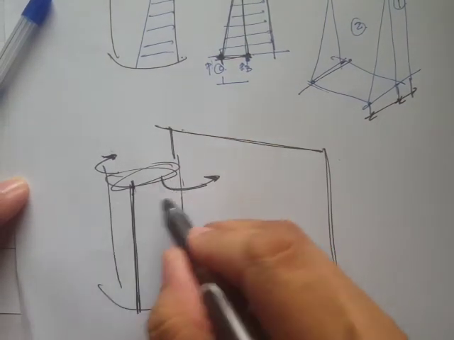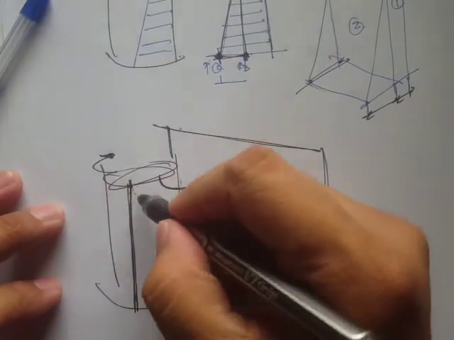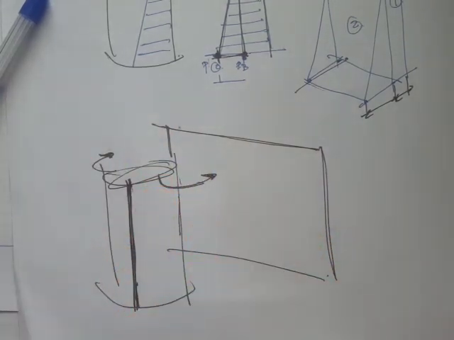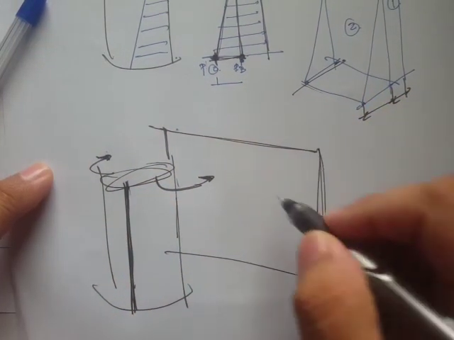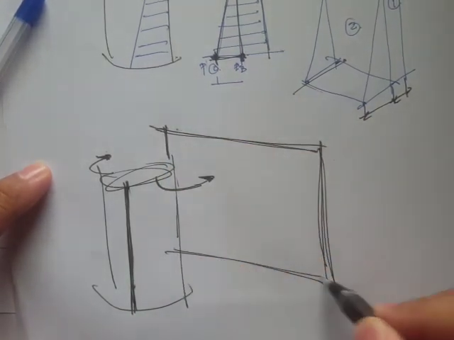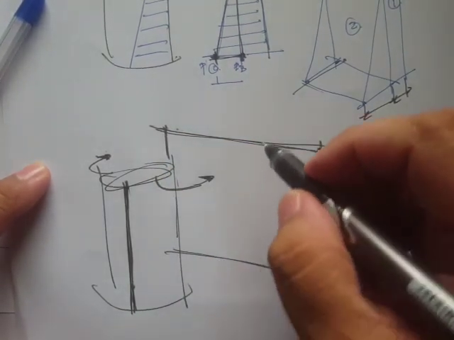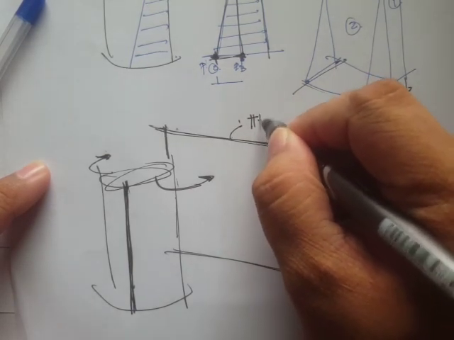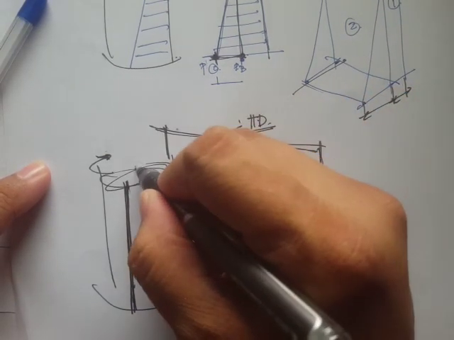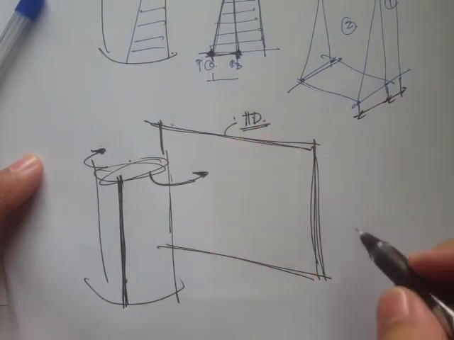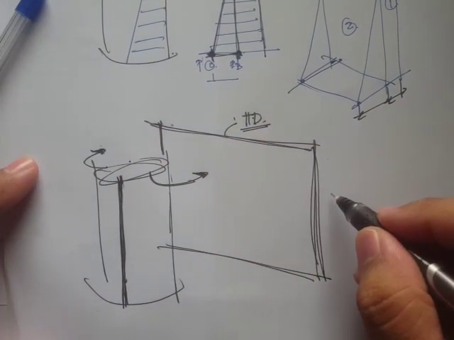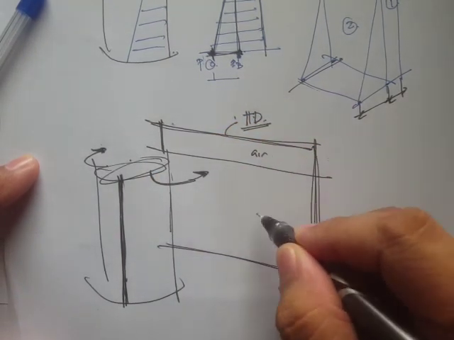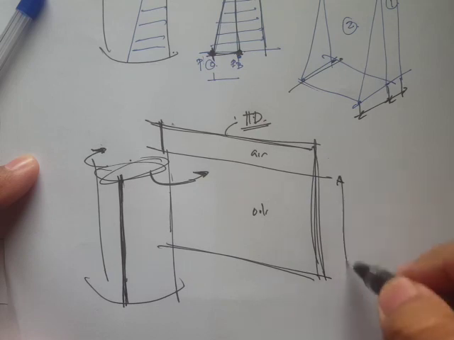It's a cylinder, but if you cut it here and lay it out flat, what you get is a rectangular plane. This will be our pi d, the circumference of this cylinder, and this one is the height. So if you have the air layer and then the oil, you have this height right here.